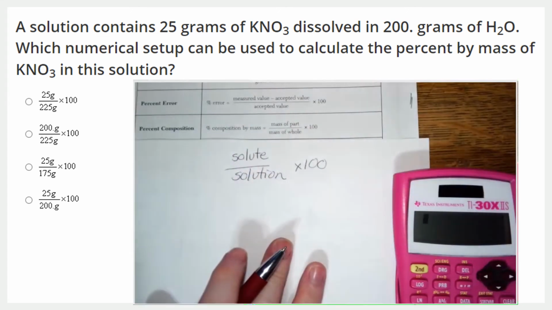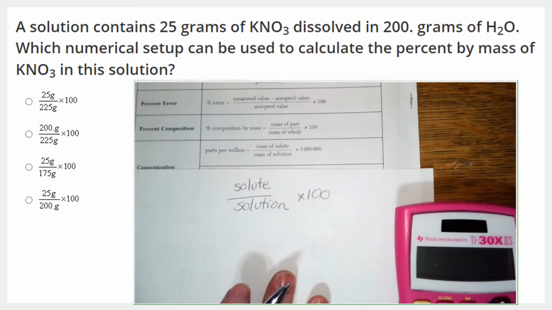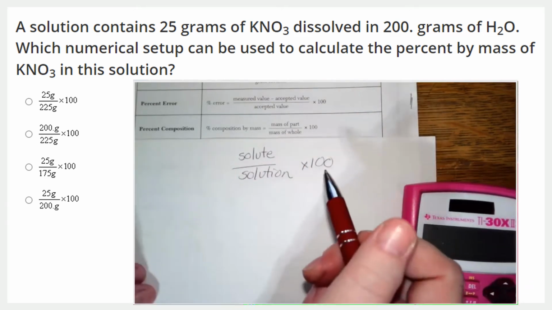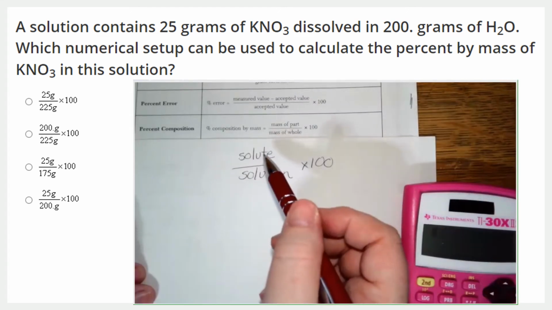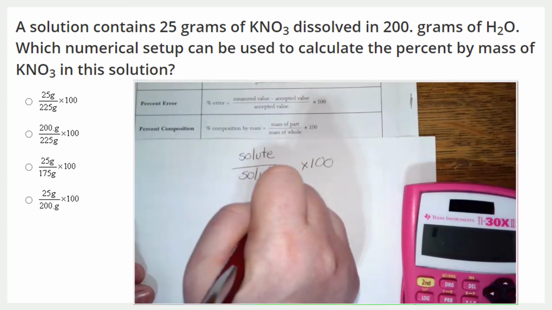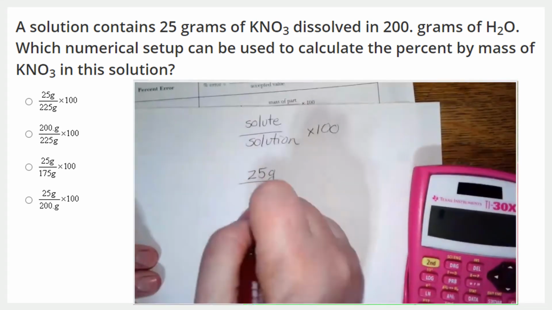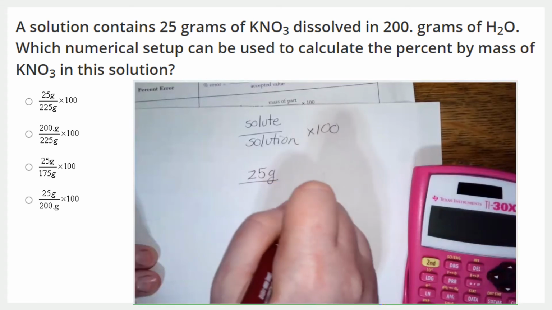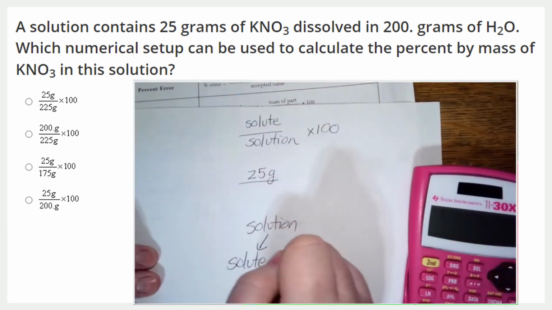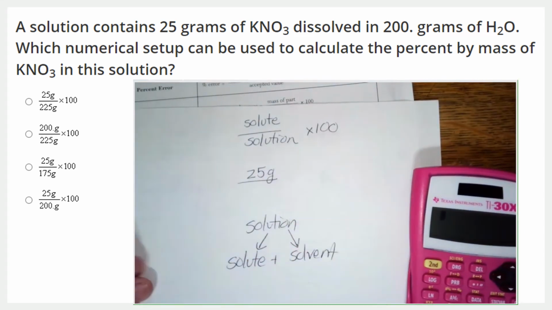Now, what if you forget which way it needs to go? Just use parts per million as a guide, okay? But we're talking about percent composition. So I can see that I have 25 grams of KNO3. That's easy. That's the mass of the solute. What you have to remember is that the solution is made up of 2 things. It is the solute and it is also the solvent.